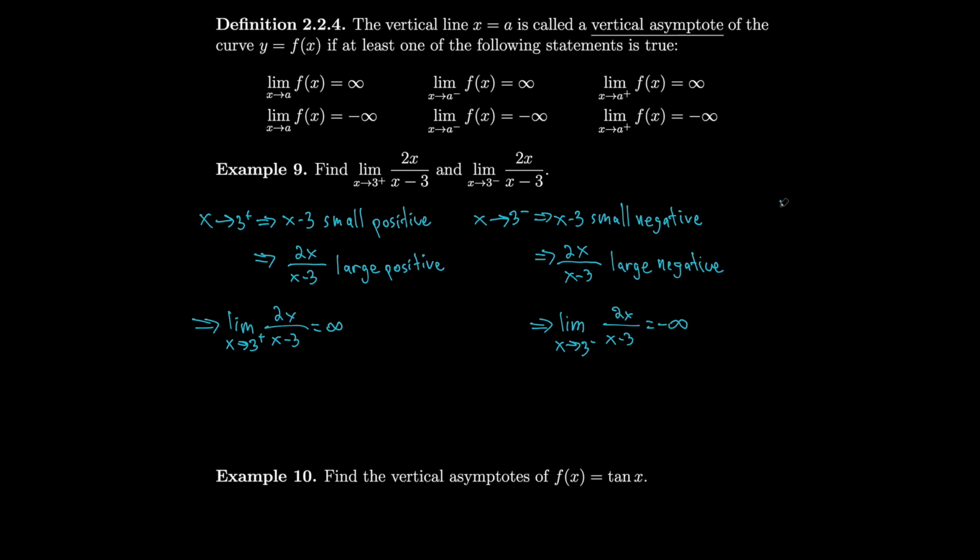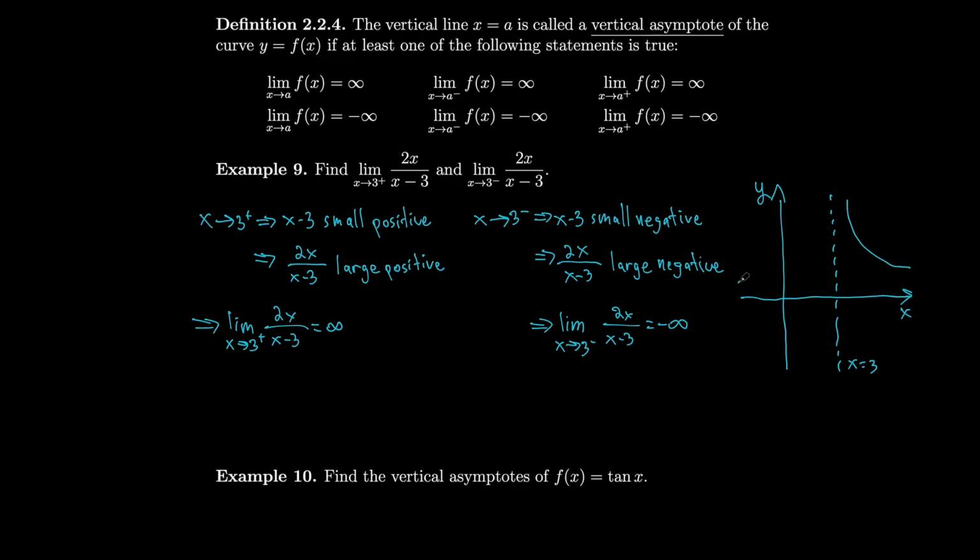And this also makes sense if we take a look at the graph. We know that we have a vertical asymptote at x equals 3. These are the lines we drew before that we can never cross with the exponentials and logarithms.